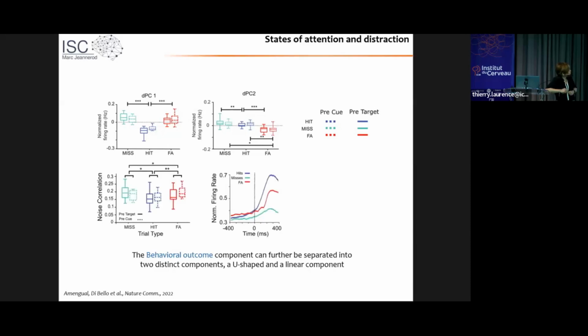Interestingly, this U-shaped component correlates with a similar U-shaped component that we observe in noise correlation within the population, such that noise correlations are lower in hit trials relative to misses and false alarms, while this linear trend correlates with how the system is processing the sensory information from the target presentation on these different types of trials.